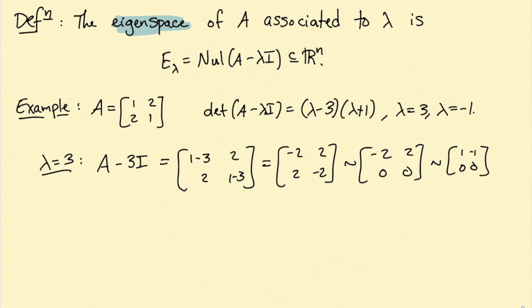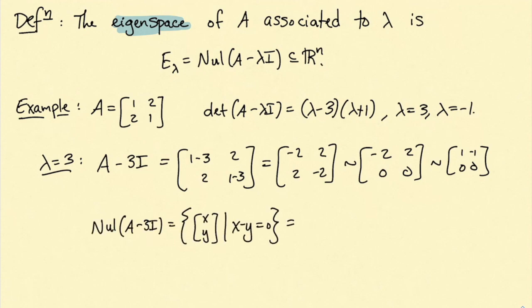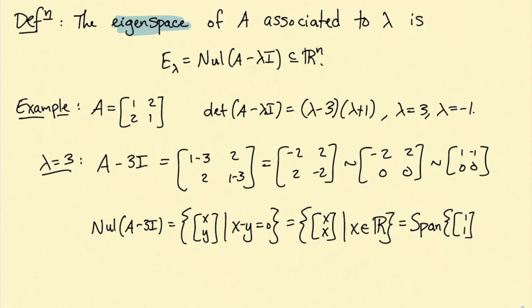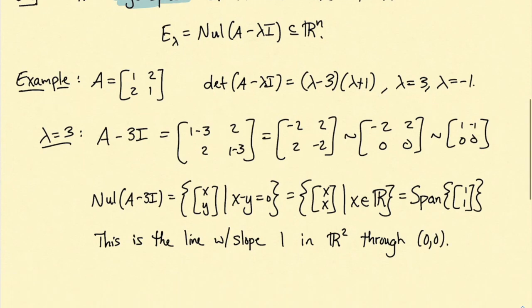The top row of the reduced row echelon form tells us that the solutions to the homogeneous equation are exactly the line x minus y equals 0, or equivalently, x equals y. We can also think about this as the span of the single vector whose entries are 1, 1. So this is a one-dimensional subspace of R2, which is just the line y equals x.